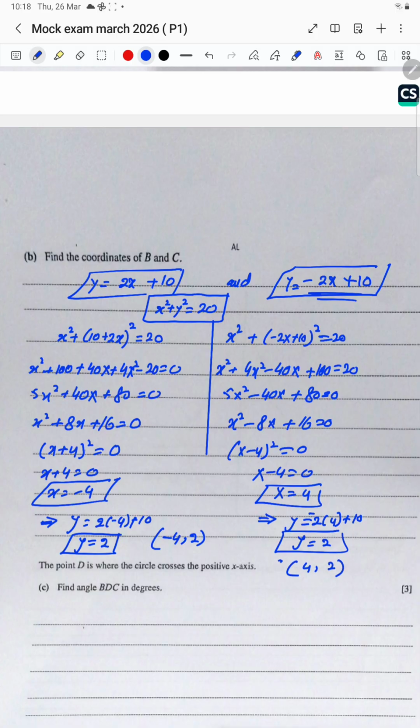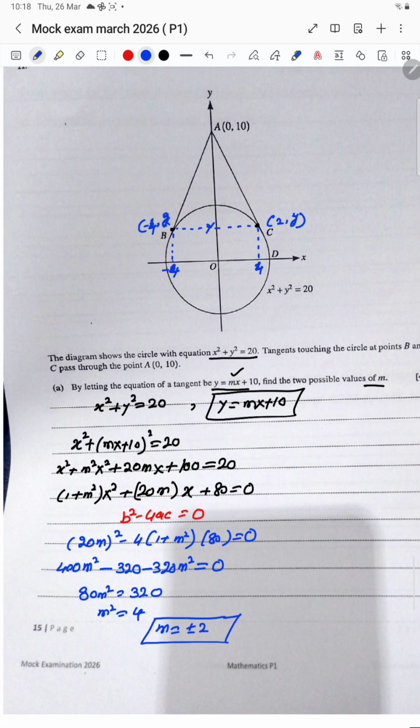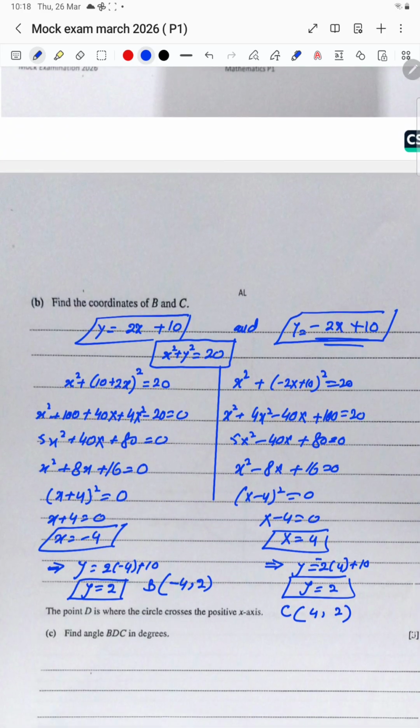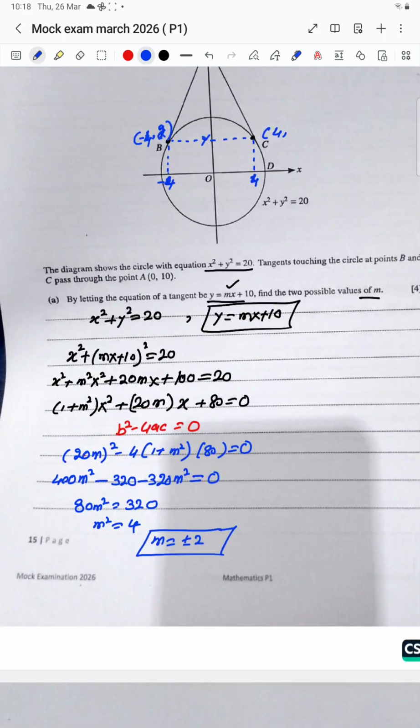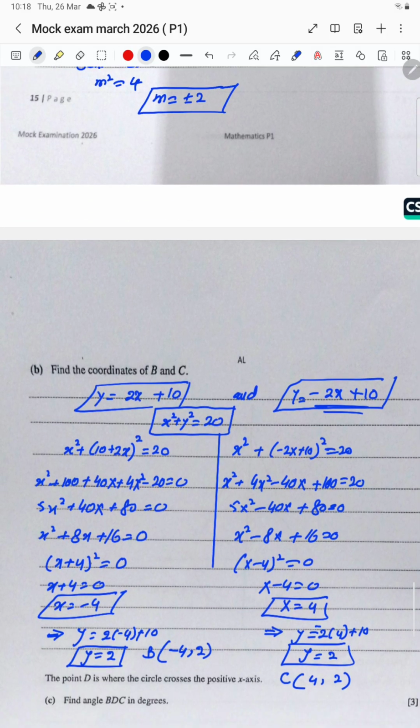This is for C and this is for B, because B is lying left of the origin: minus 4, 2 and 4, 2. So y is 2. So these are the coordinates of B and C respectively.